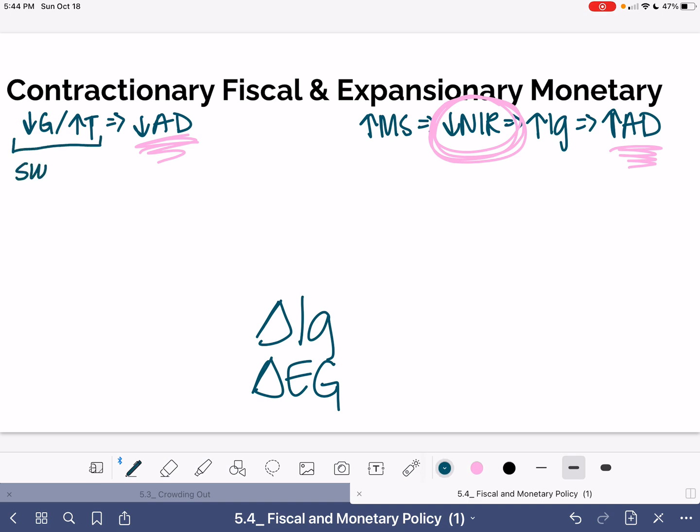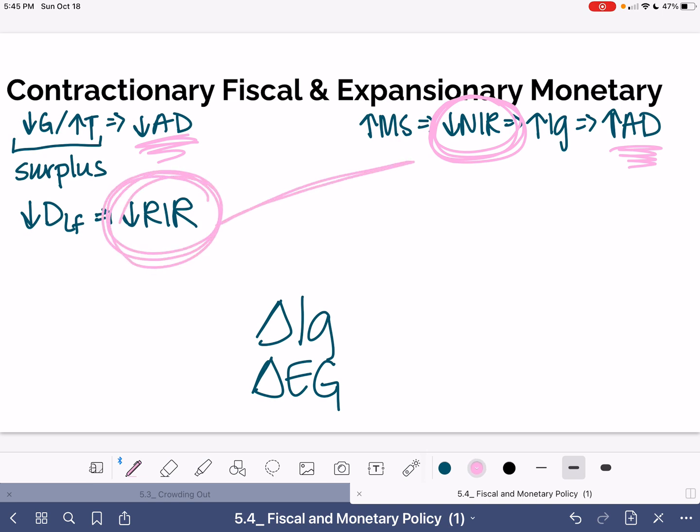So now let's see what's going to happen to contractionary fiscal. Well, this is a surplus. So when we are in a surplus, we don't need any loans. So we're going to decrease our demand of loanable funds, which will then decrease the real interest rate. So we have a decrease in the real interest rate and a decrease in the nominal interest rate. So what's going to happen to investment spending?